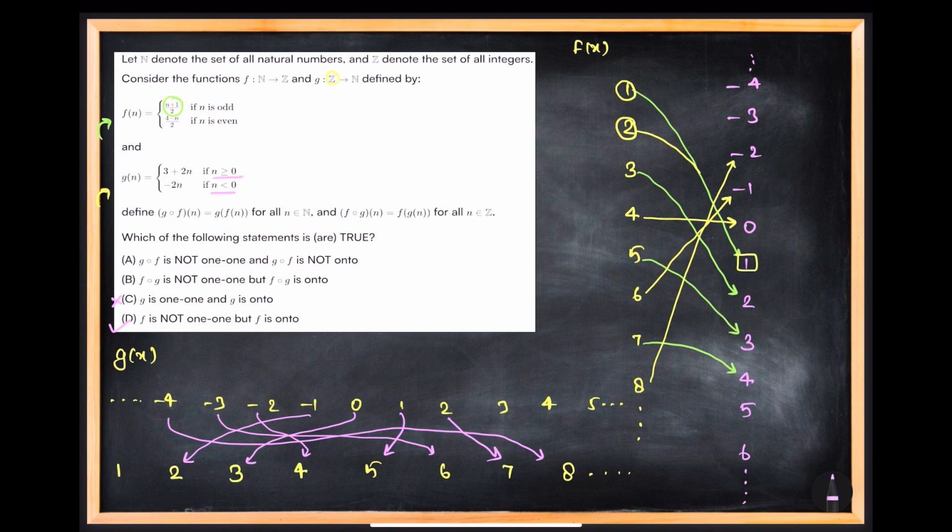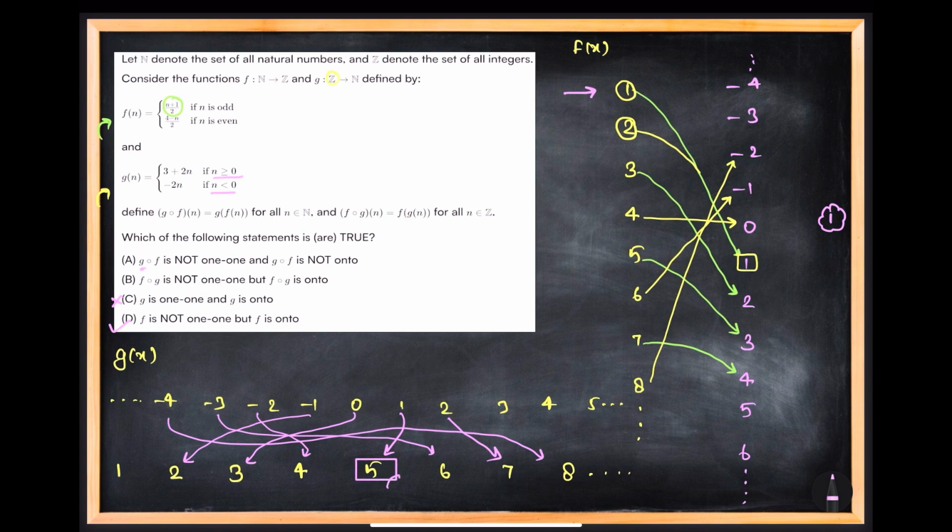So look at this. If you give input as 1, f will consume 1 and produce 1 as the output, and this 1 will be consumed by g function and it will produce 5.